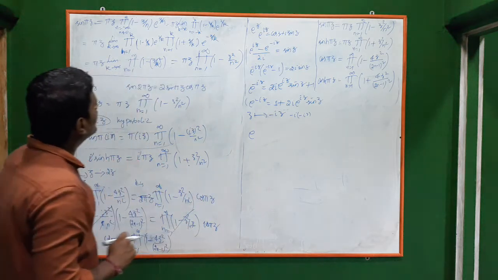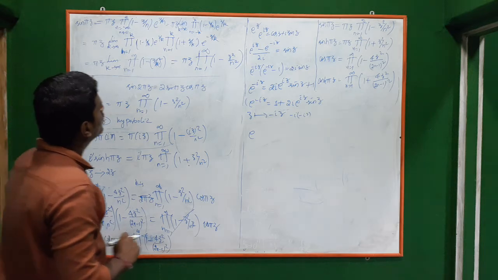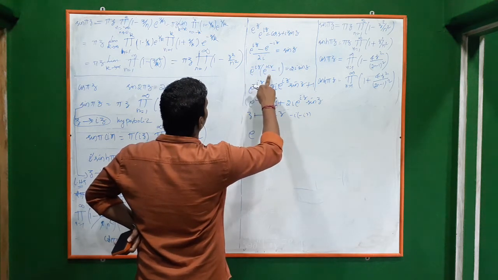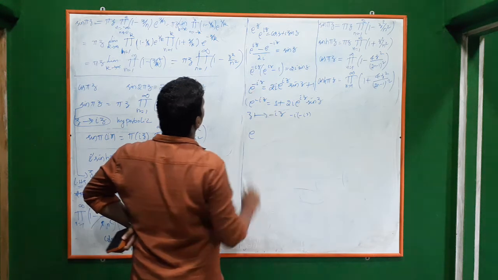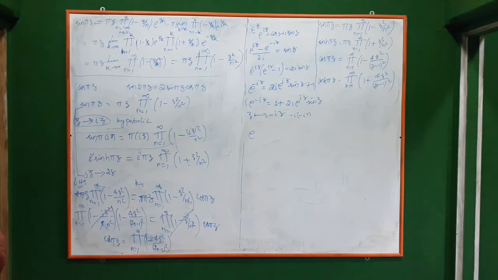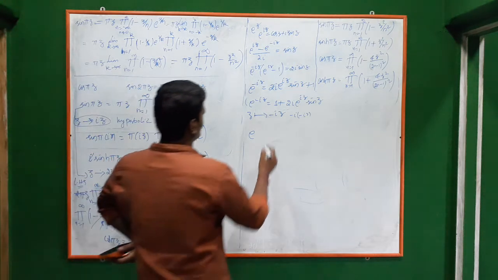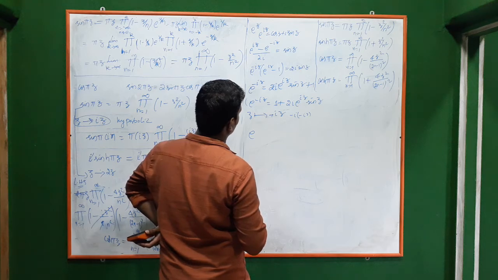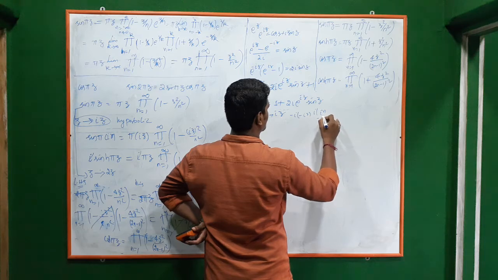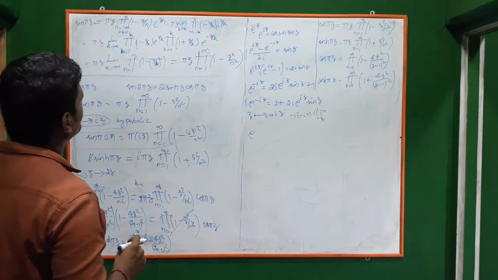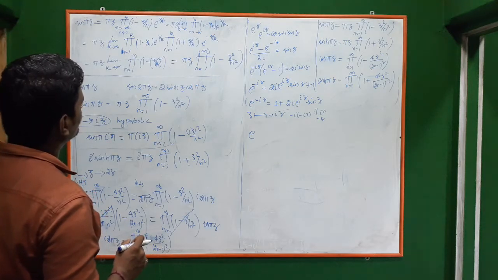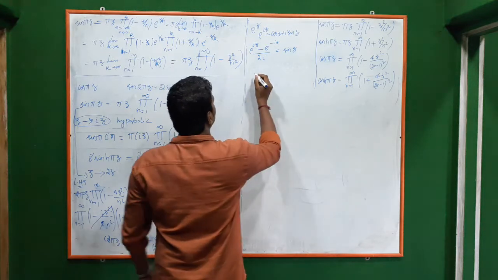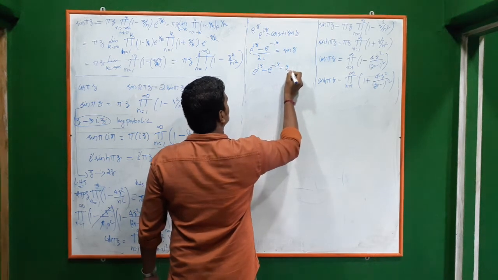I have to take e power, replace it by i z. e power i z minus e power minus i z is 2i sin z.